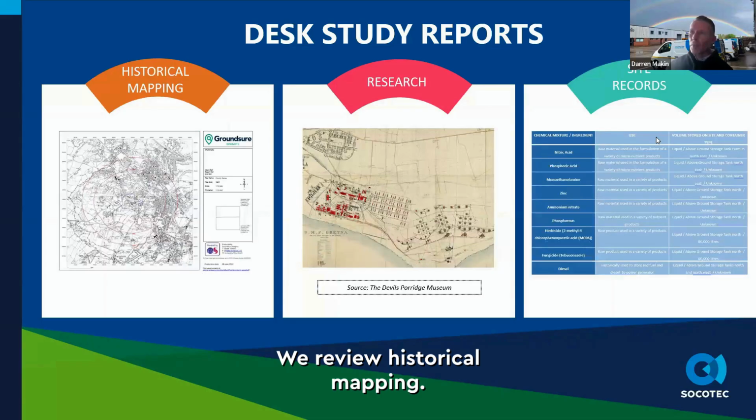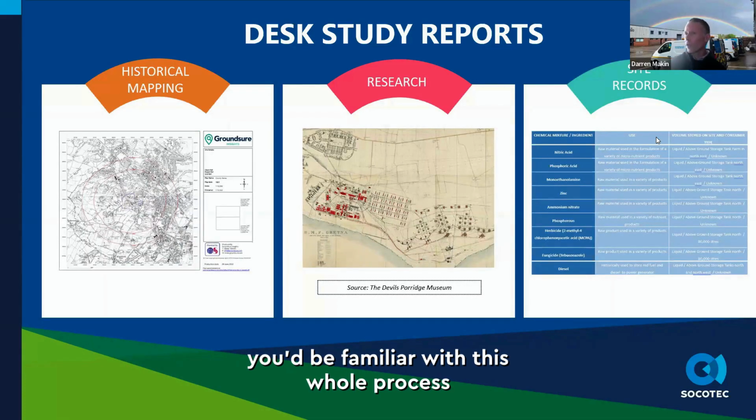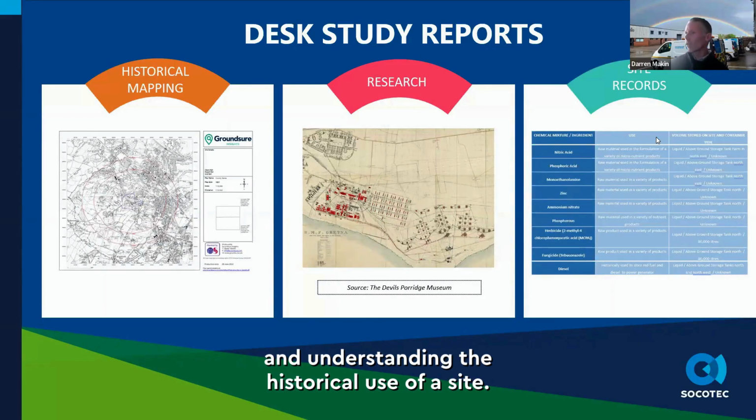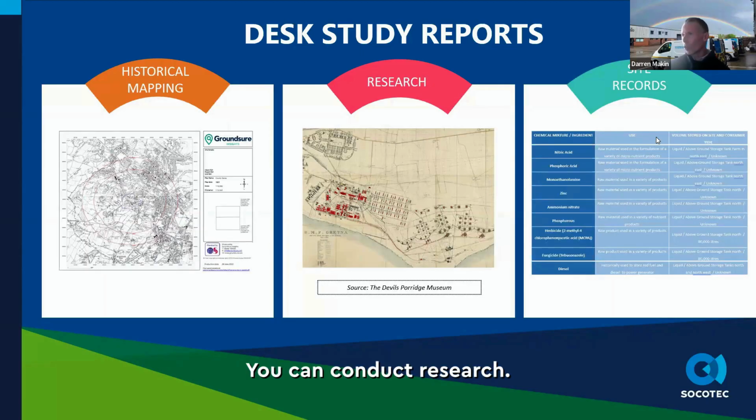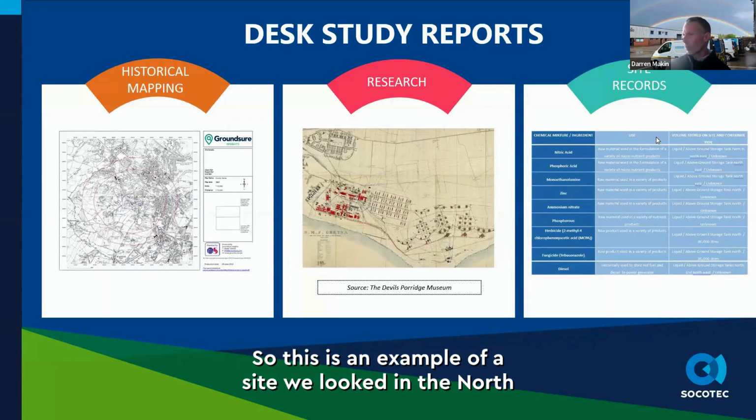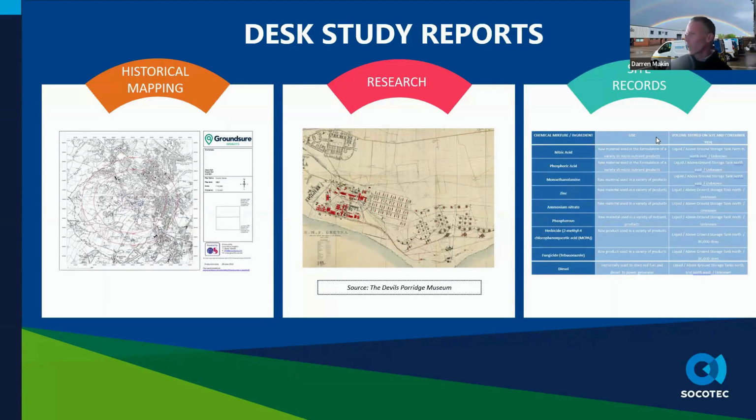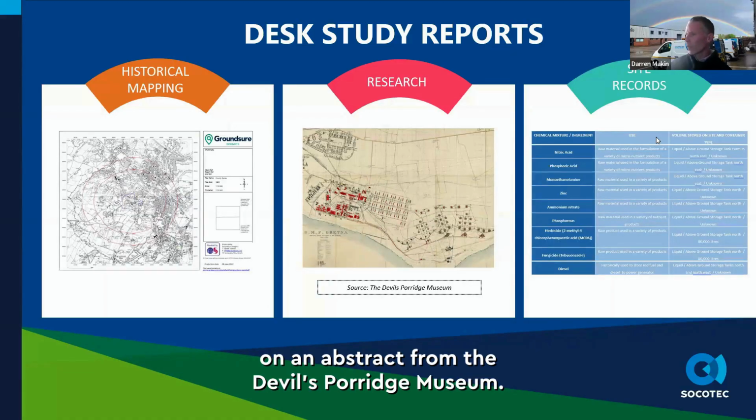We review historical mapping. So if you're undertaking desk studies, you'd be familiar with this whole process of reviewing historical map land use and understanding the historical use of a site. You can conduct research. So this is an example of a site we looked at in the north, and an abstract from the Devil's Porridge Museum.